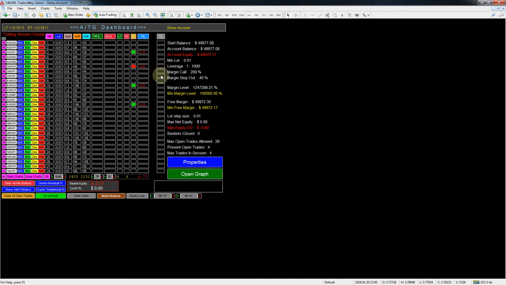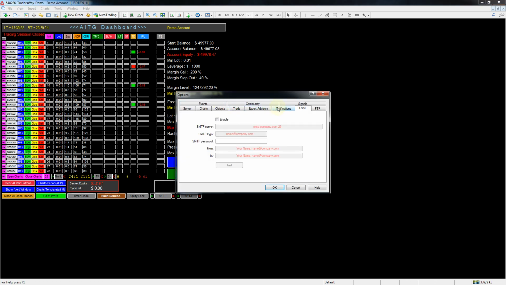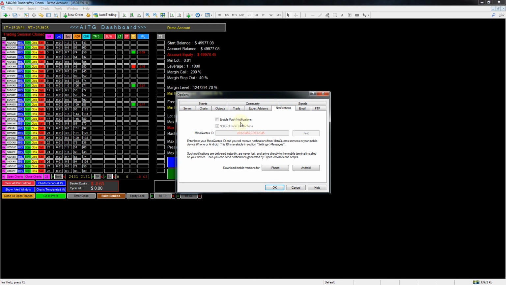Now those are all set up over here in the tools. Here you set up your notifications, enable push. If you want to know how to do this, you're probably better off just doing a search on YouTube. There's some really good stuff on there on how to set these up. I'm not going to get into that. That's kind of an MT4 thing.